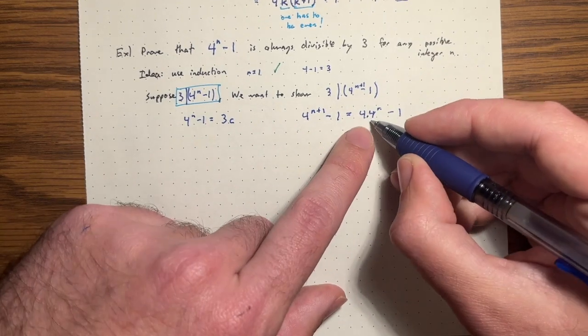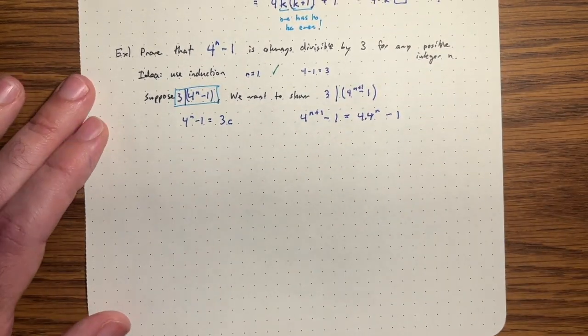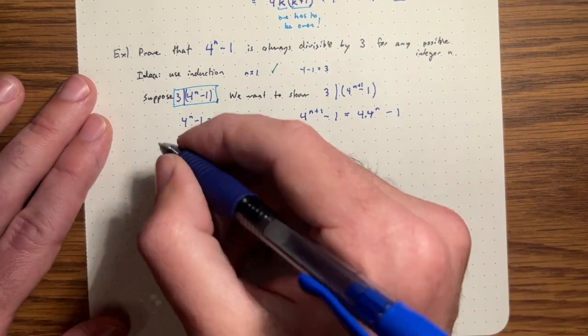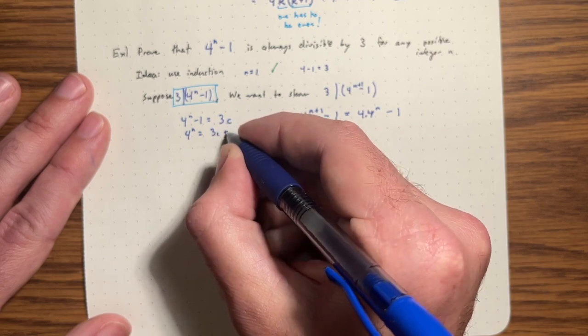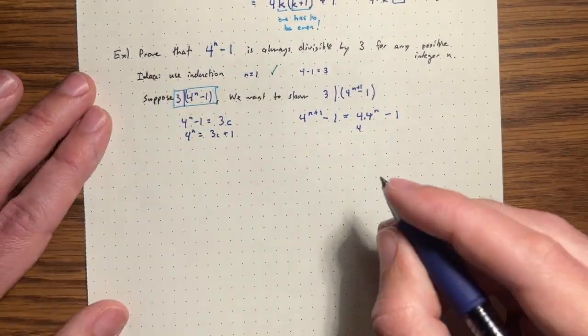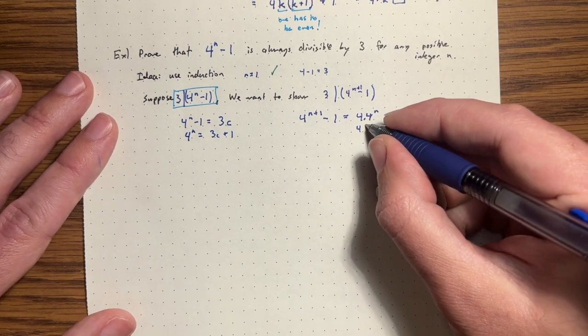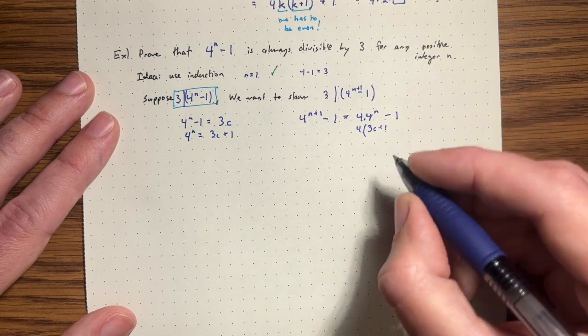But unfortunately, the parentheses aren't around the 4 to the n minus 1, so I don't have exactly this. But that's okay. I can write 4 to the n equals 3c plus 1. This is what I'm assuming to be true over here. So I can replace the 4 to the n with 3c plus 1, right?